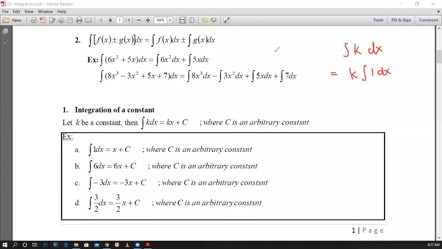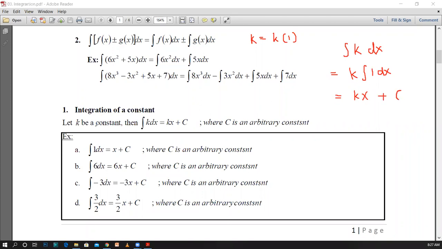Since k is equal to k times 1, I can take this k out of the integral, and the remaining would be 1. Therefore, if I consider the integral of 1 with respect to x, I can say this is k times the integral of 1, which is equal to x, and in the indefinite integral, we use the arbitrary constant.